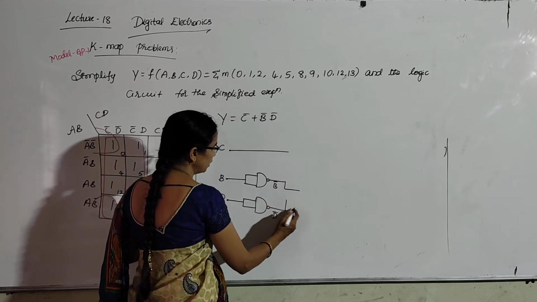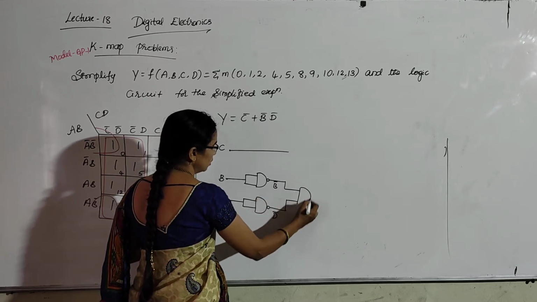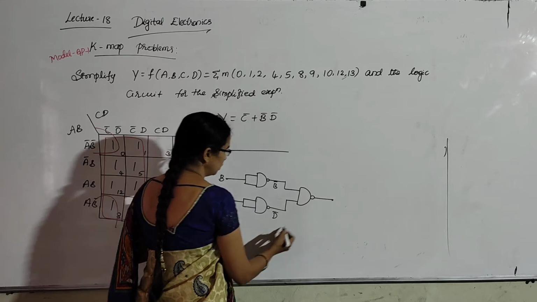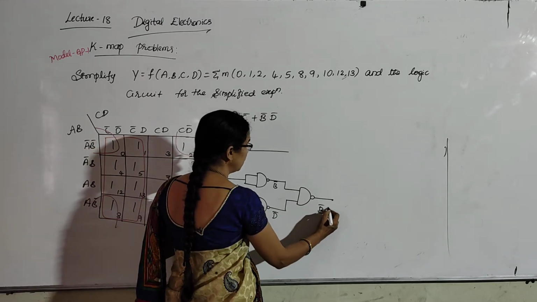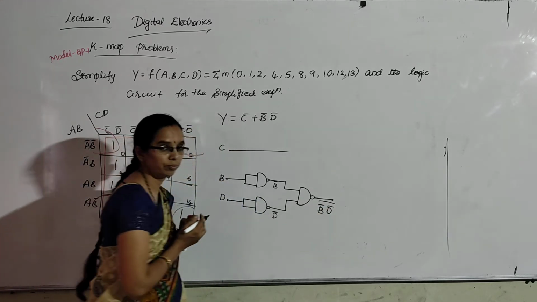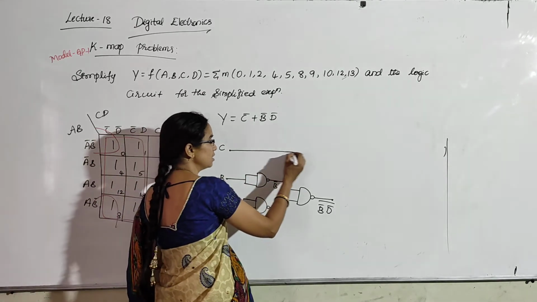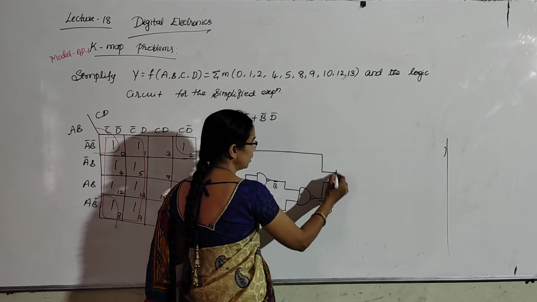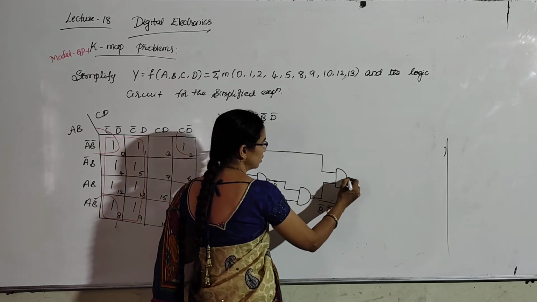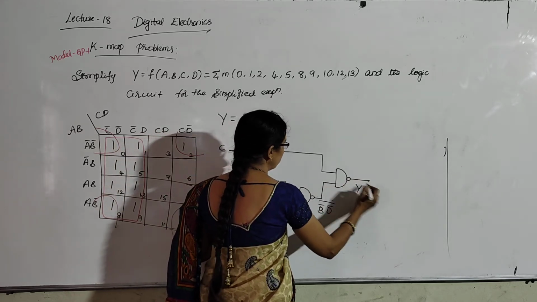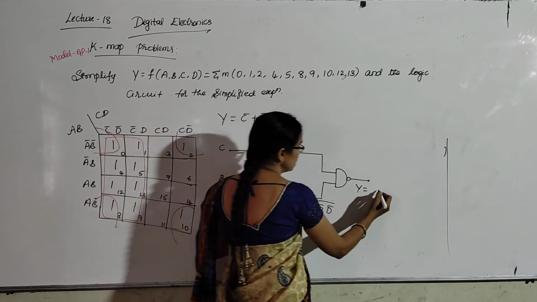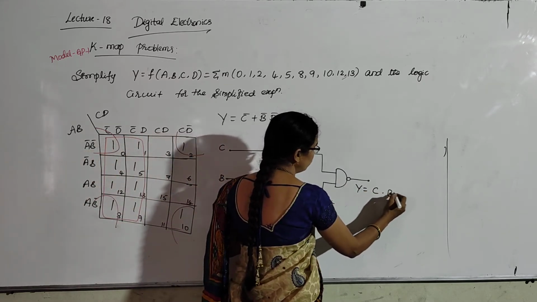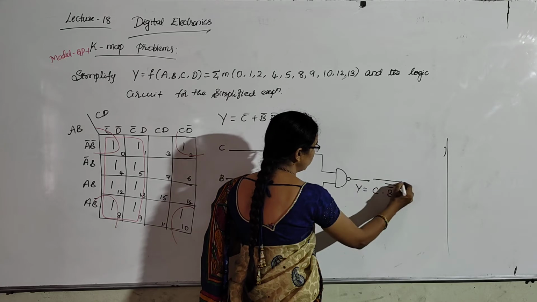So if I NAND these, I will get B bar D bar, whole bar. This C I will directly give as an input for the final NAND gate. Y is equal to C into B bar D bar, whole bar.